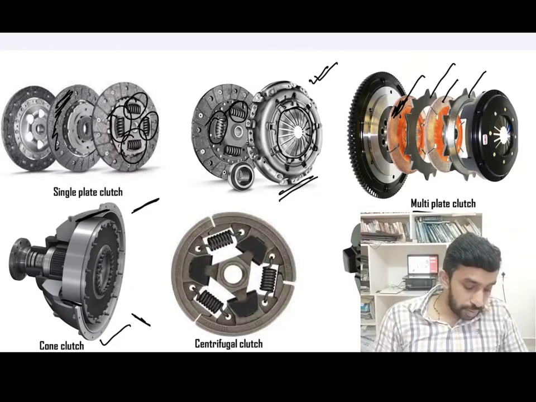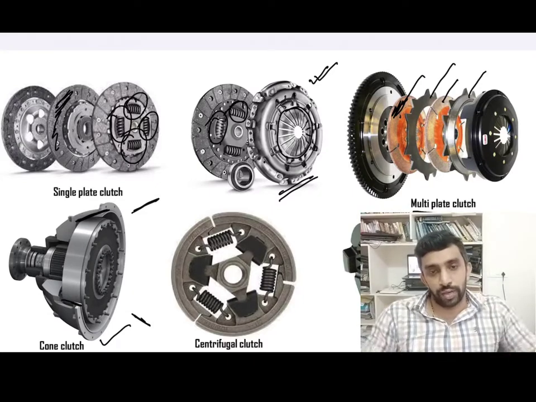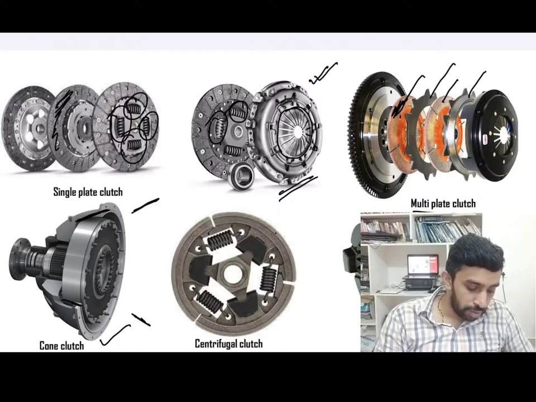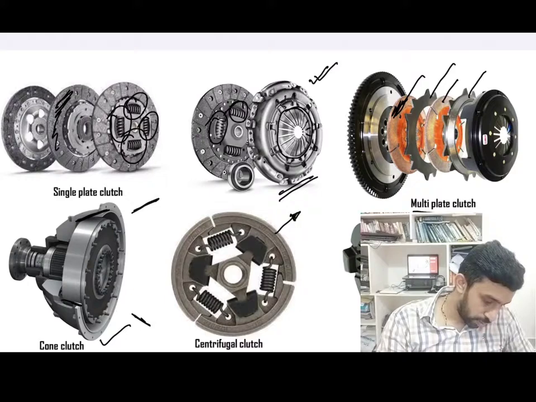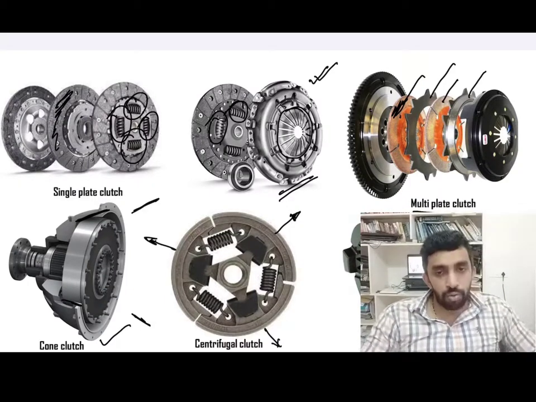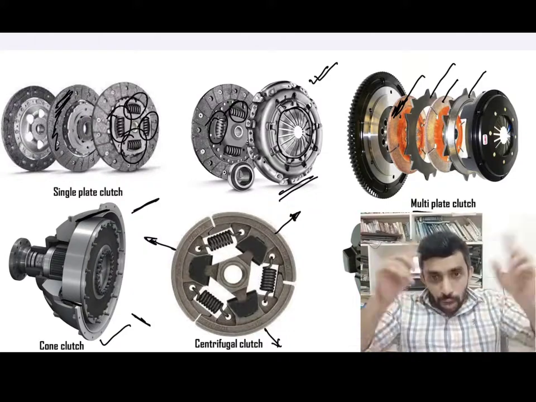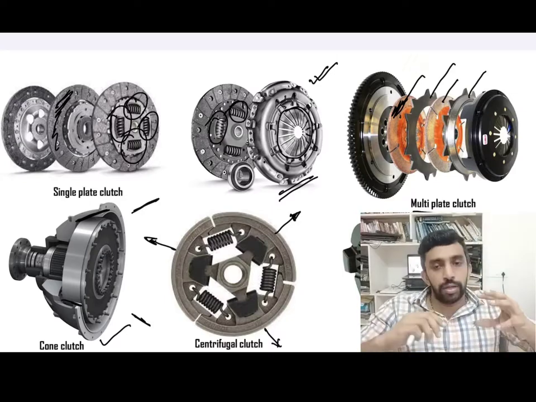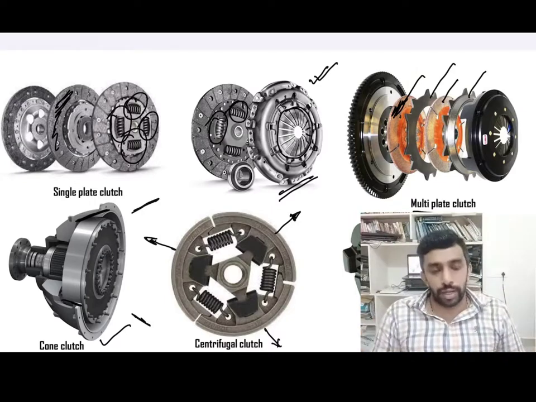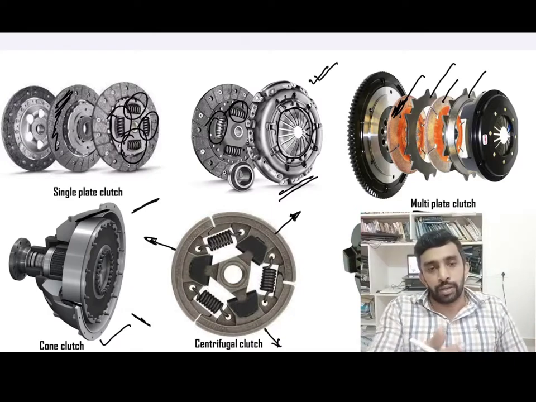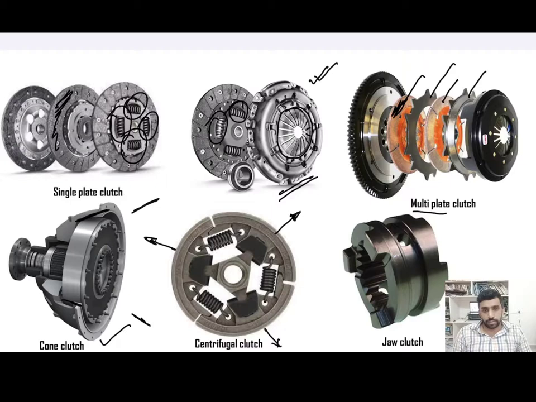And another one is the centrifugal clutch, which uses centrifugal force. Whenever the speed increases, centrifugal force takes this friction plate outward, and when it goes outward, it gets engaged with the outer surface, which is another friction plate. Gradually the speed will increase. I think this type of clutch is basically used in gearless motorcycles.